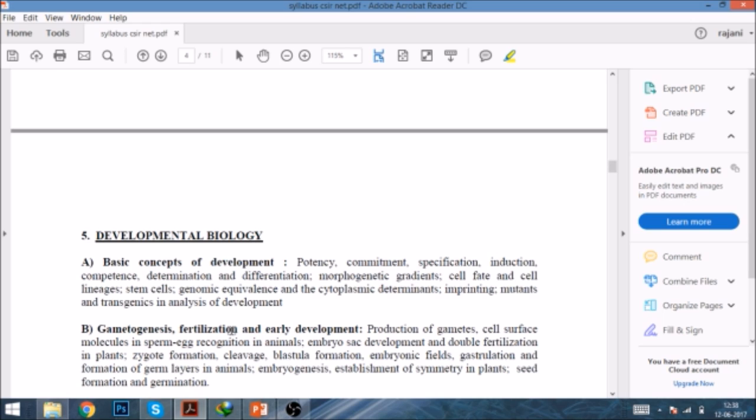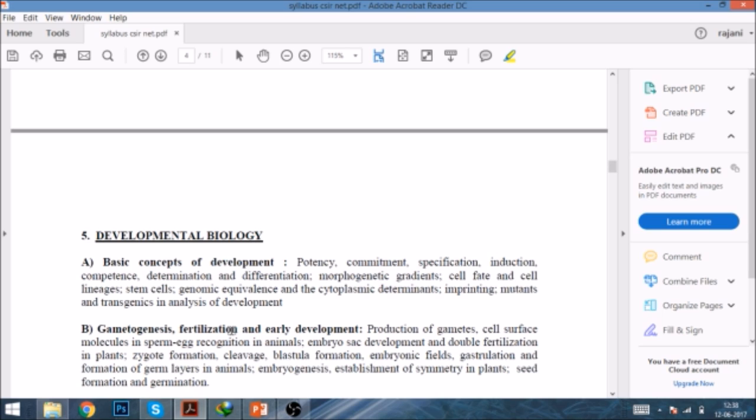Apart from that there are certain other basic terms also, like delamination, involution, ingression. Once go through these simple terminologies to score high in developmental biology. And a very high percentage of the questions are asked from developmental biology, so don't miss this unit.